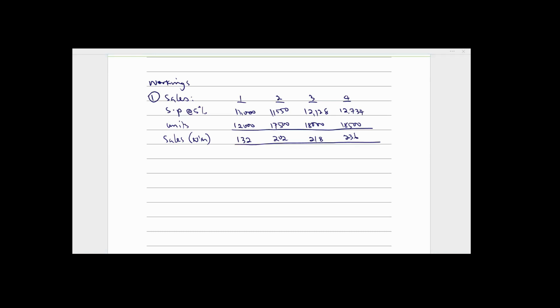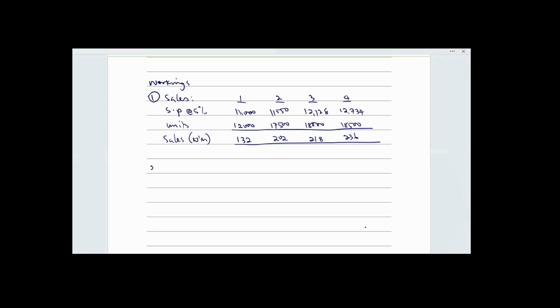Oh, sorry, mistake. 1.05 raised to power 2, then multiplied by 11,000. 12,128. Okay, it's correct. So we are done with sales value.